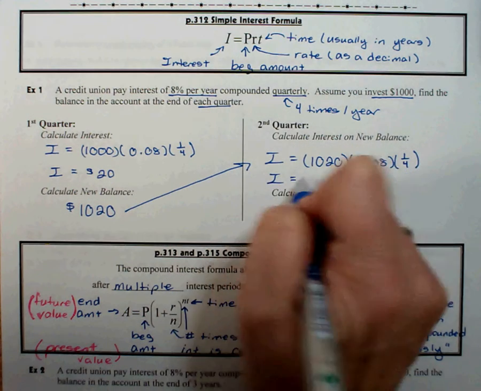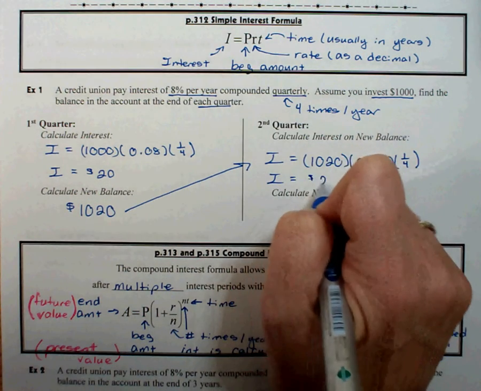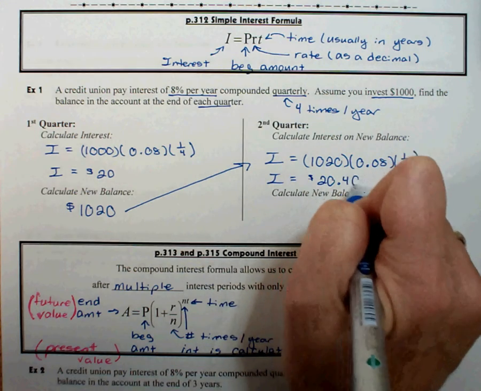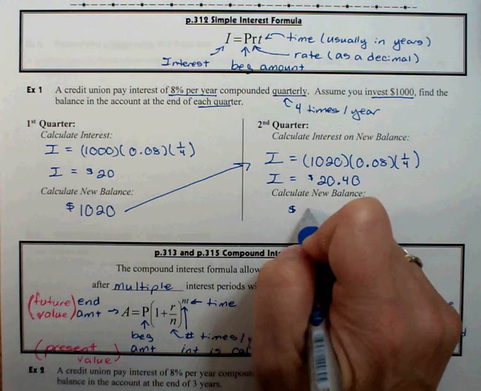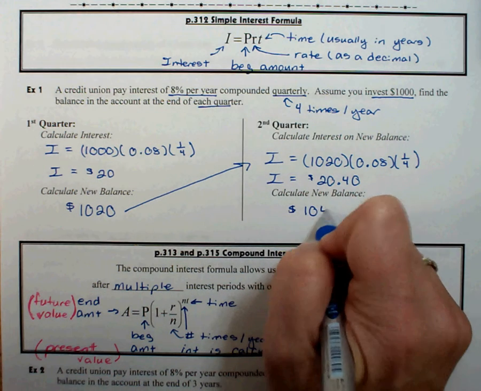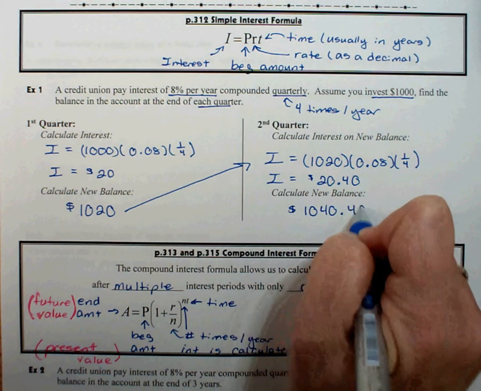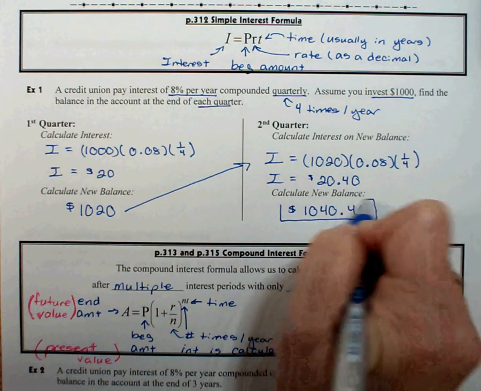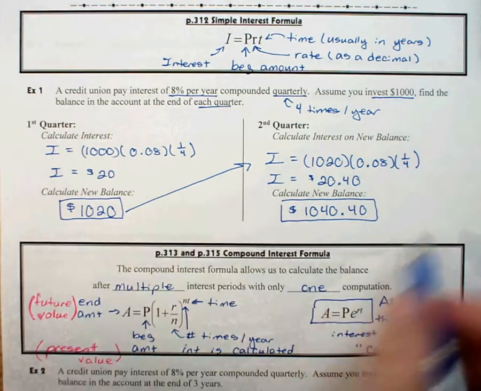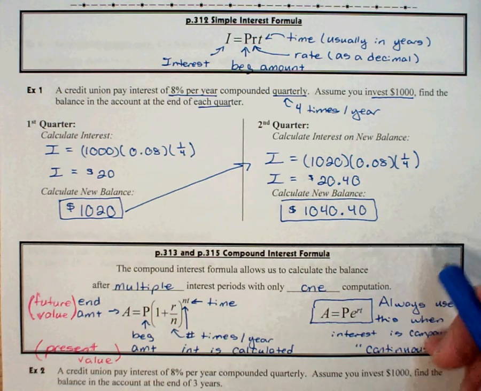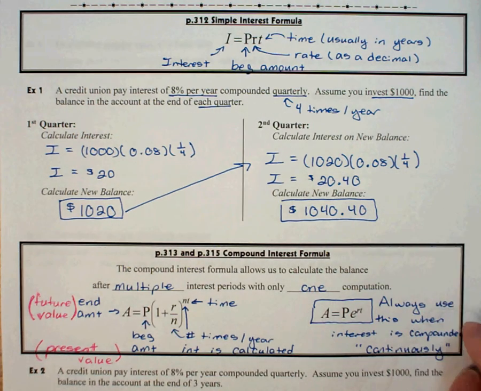The interest for our new period is $20.40. So our balance at the end of the second quarter is $1,040.40. Each time they want to calculate interest, they would have to go through this process. That can be a very time-consuming process to calculate at the end of each quarter.